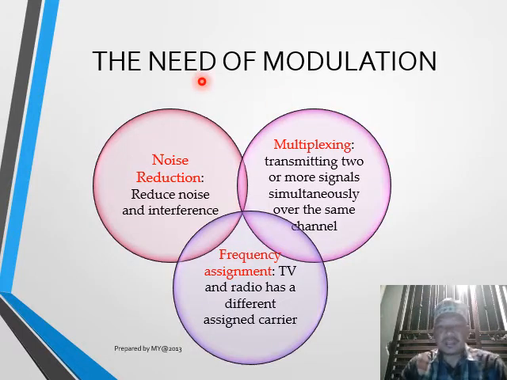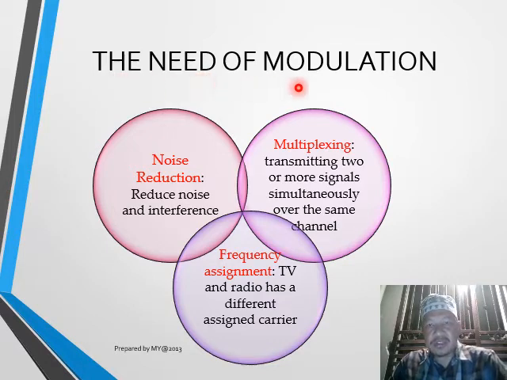Why do we need to modulate? There are three main reasons why we need to modulate the signal. First, noise reduction. Second, multiplexing. Third, frequency assignment.